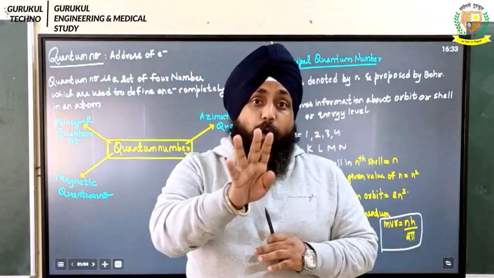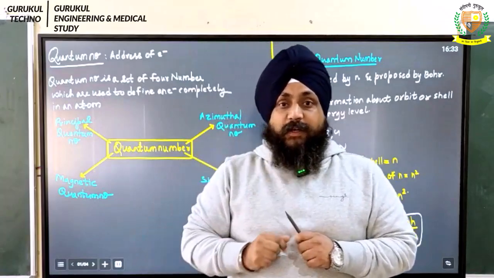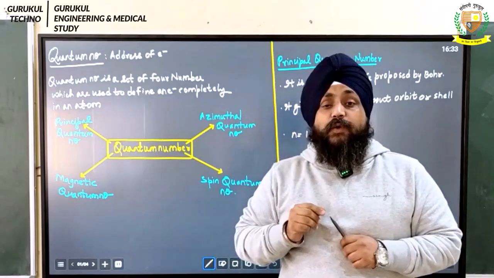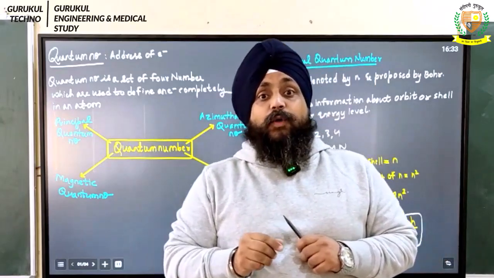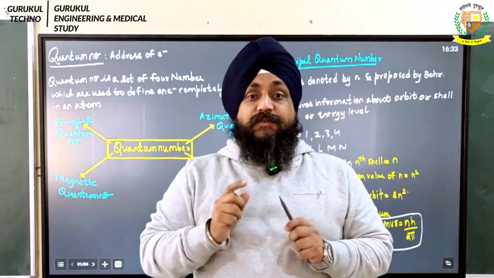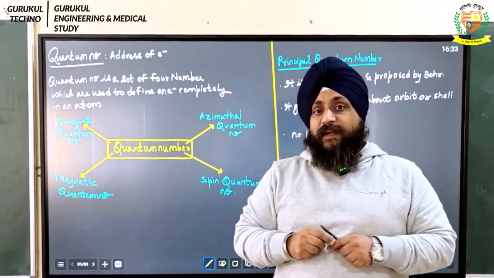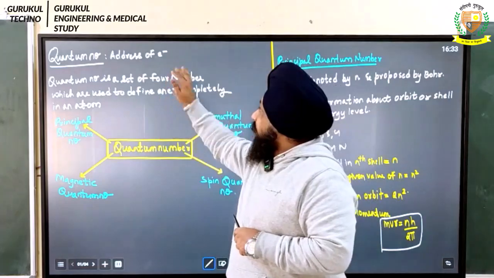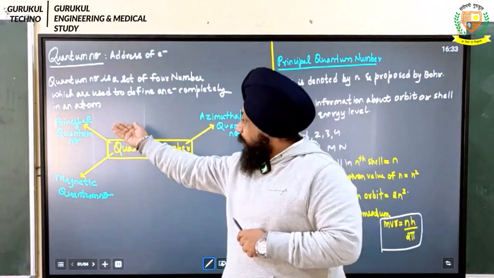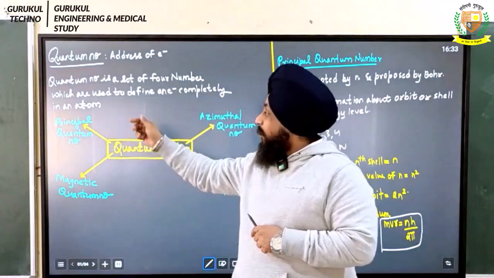So there are 4 quantum numbers. What we have written over here is, quantum numbers give you information about the address of the electron. Now to tell the address of the electron, 4 quantum numbers are required. One is the principal quantum number, which is denoted by n.